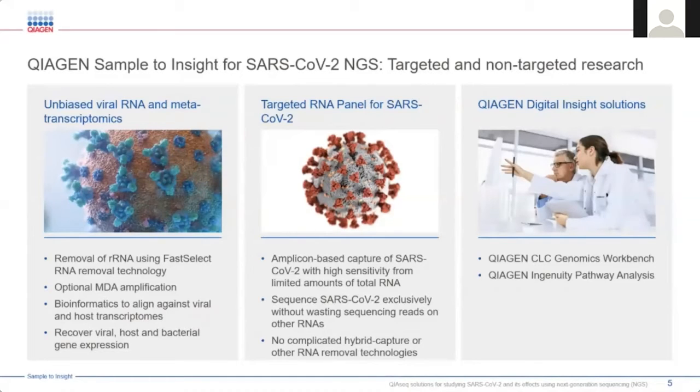You can use this with our QIAseq stranded RNA kit and our FastSelect technology that removes a tremendous amount of ribosomal RNA, so you're really honing in on what's important in the sample.